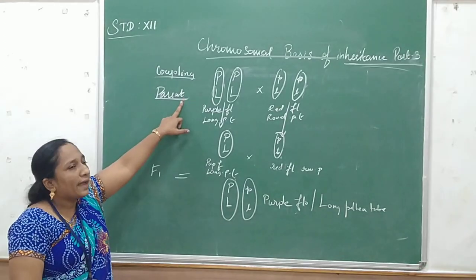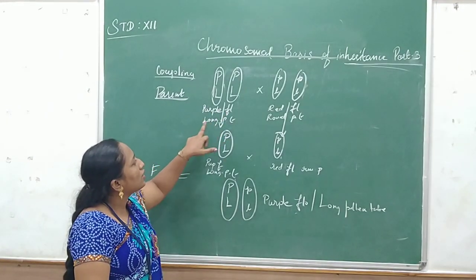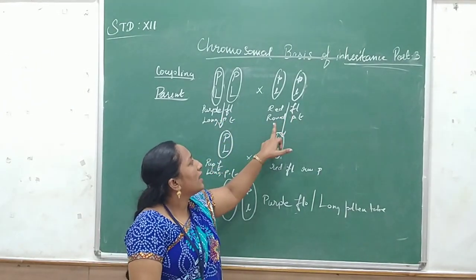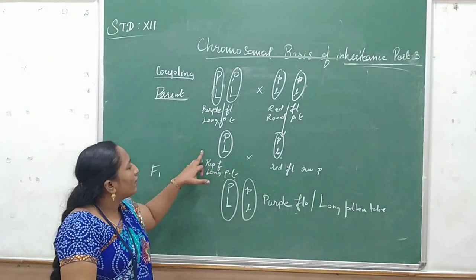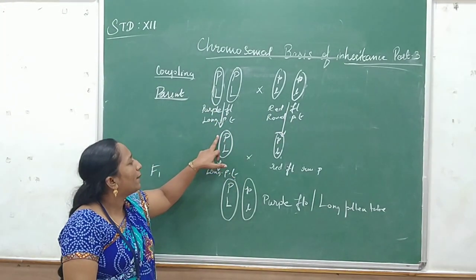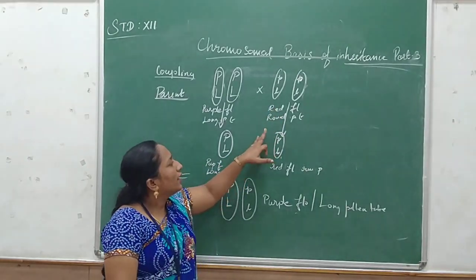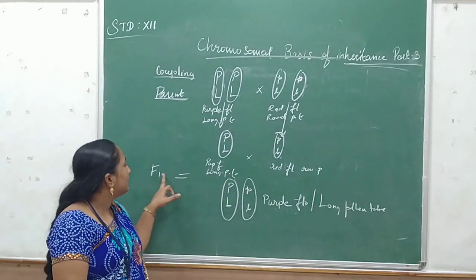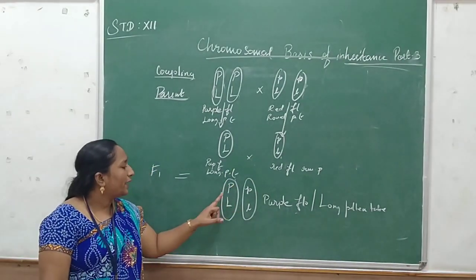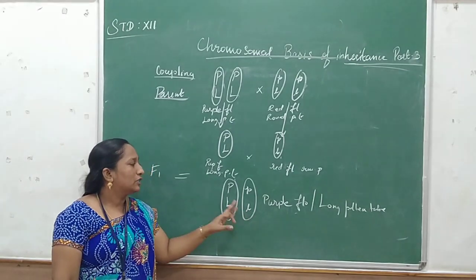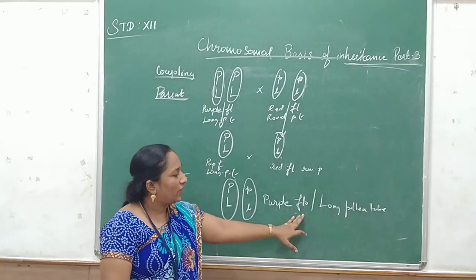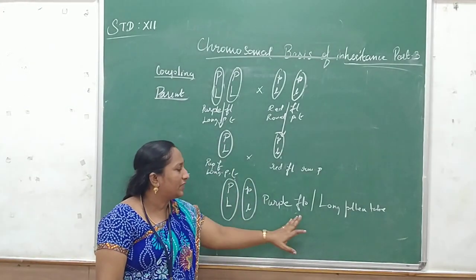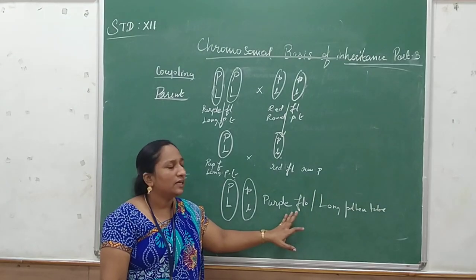This parental cross is the purple flower, long pollen tube, with a red flower and round pollen tube. The gamete will be capital P, capital L, and for this the gamete will be small p, small l. If we cross these two parent gametes, the F1 generation will be capital P, capital L, small p, small l. So the F1 progeny will be purple flower and long pollen tube.